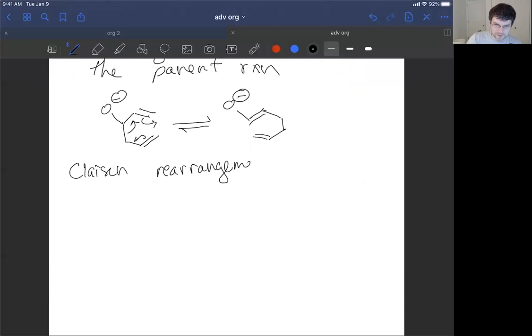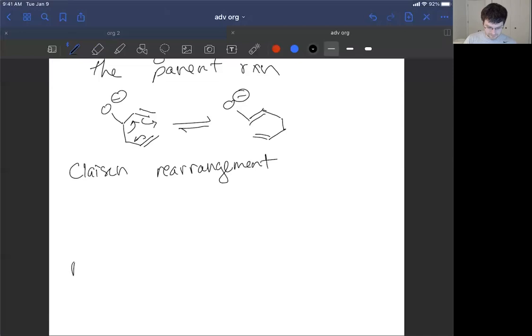So the Claisen rearrangement is another one that takes advantage of an interesting tautomeric equilibrium. In this case, we're actually going to position an oxygen within the system as an atom that's participating in the sigmatropic rearrangement.